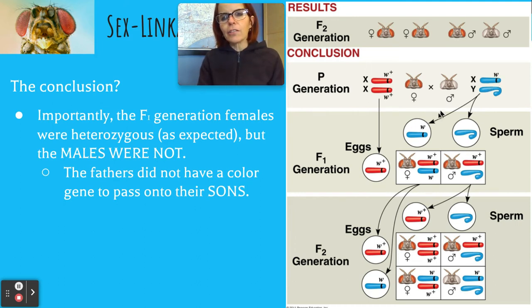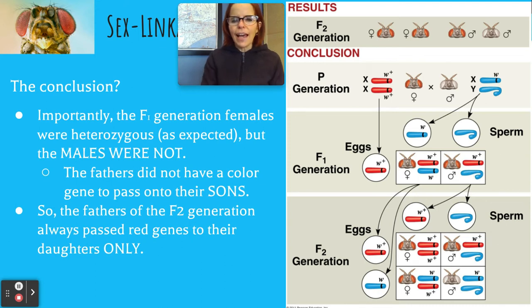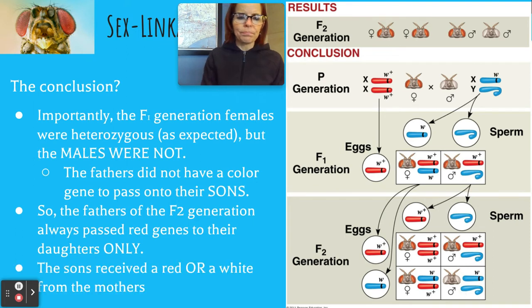They pass the color gene on to their daughters, but they pass the Y chromosome on to their sons. That's what makes them sons. So the fathers of the F2 generation always passed red genes on to their daughters only. They passed the Y chromosome on to their sons. The sons received a red or a white chromosome from their moms.